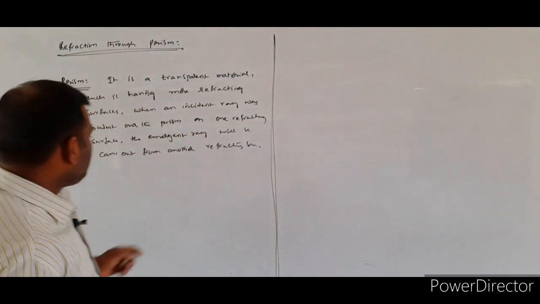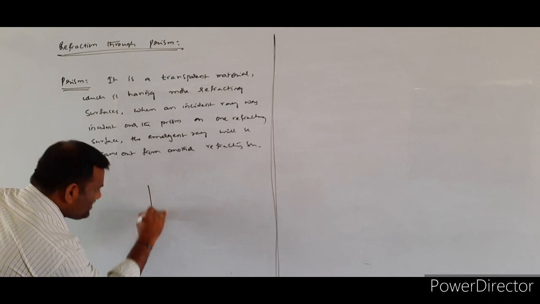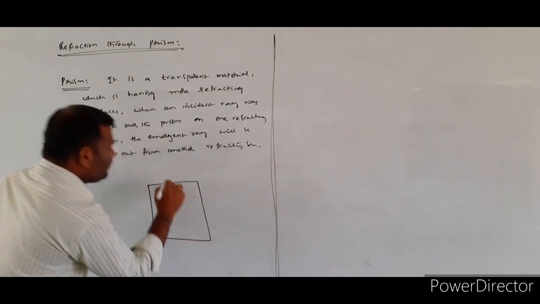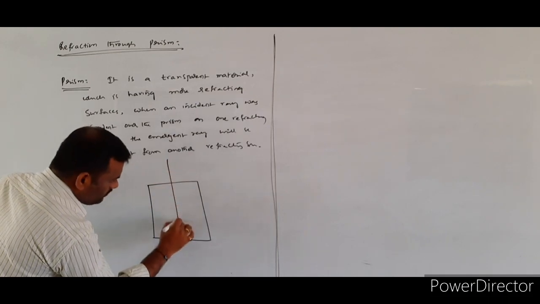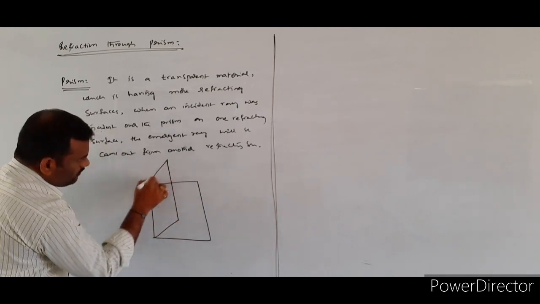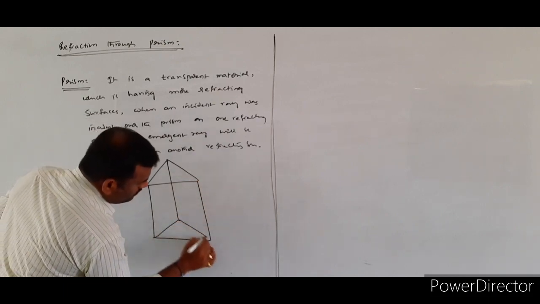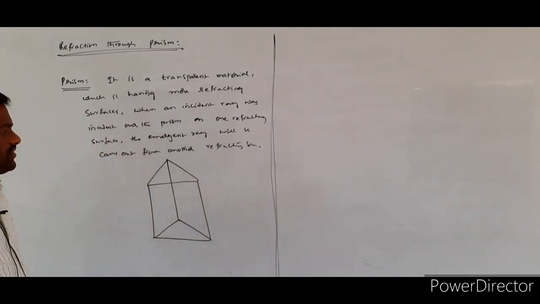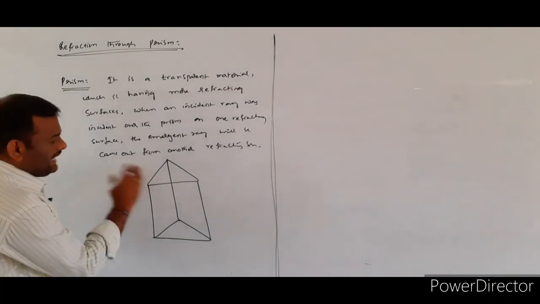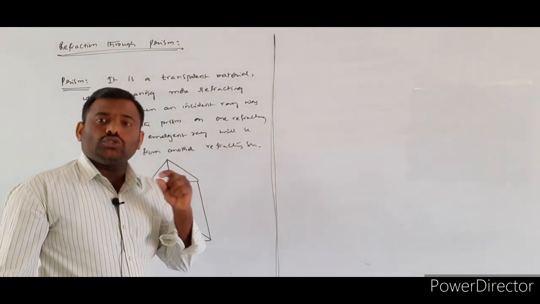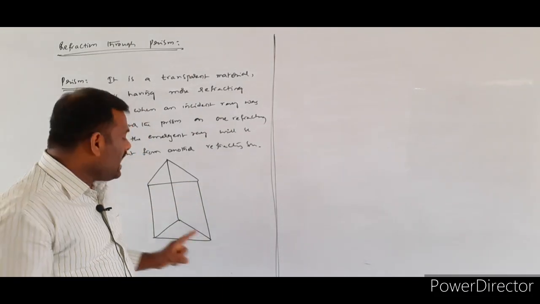Whenever you consider any prism, see here, the prism is represented like this. So this is a prism. In this given prism, it has two plane refracting surfaces and one base.